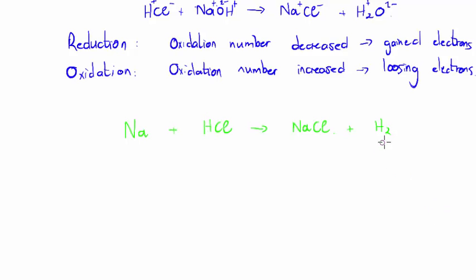So notice here, let's quickly write out the oxidation numbers. Compound on its own, 0. Positive, negative, 0. So notice we went from sodium to sodium positive, which means that on this side I gave away my electron.